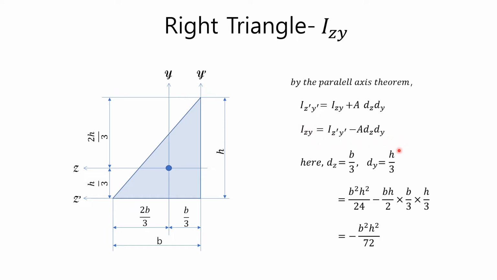The centroid of a right triangle is 1/3 of the height and the base from the vertex at the right angle, respectively. Substituting all the values into the equation of Izy, we can find the product moment of area about the zy axis passing through the centroid and parallel to the base and the height, respectively.